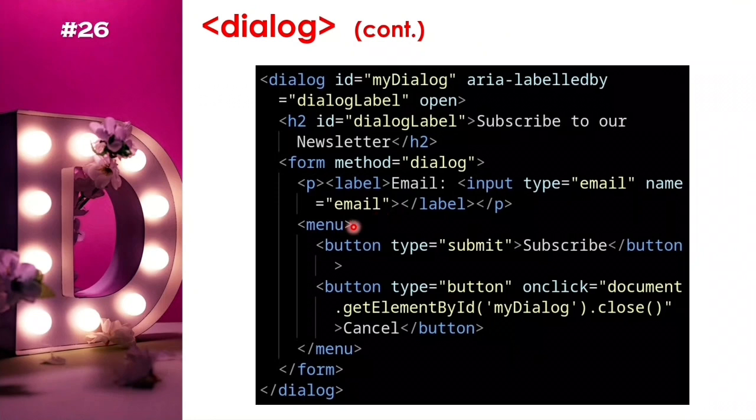So I have a very simple dialog in here. This is the whole content that I want to show, not at all times, but whenever it's needed, right? I can put it all inside the dialog element, and I give it an ID, though this one is not that necessary actually. I've just used the open attribute here to have it open by default so we can see the example.